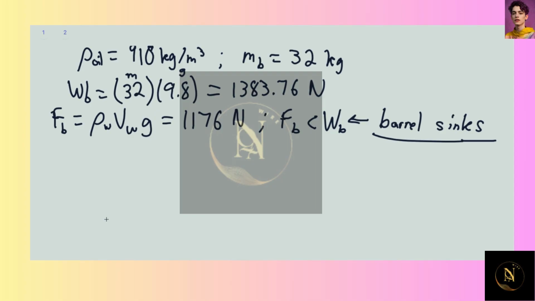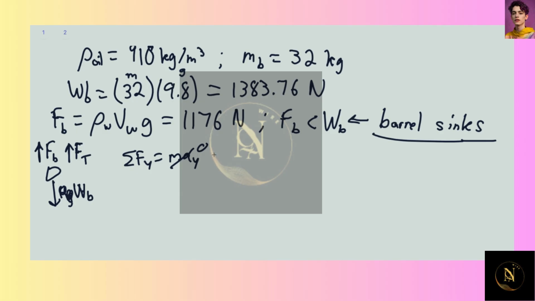So again, we have a barrel, we have the force of gravity, rather the weight of the barrel, and a buoyancy force, and now we have a tension force. If we're going to make this barrel rise at a constant velocity, the sum of forces in the y direction is going to be 0 because there is no acceleration. We just want to find the minimum tension to pull this barrel up.